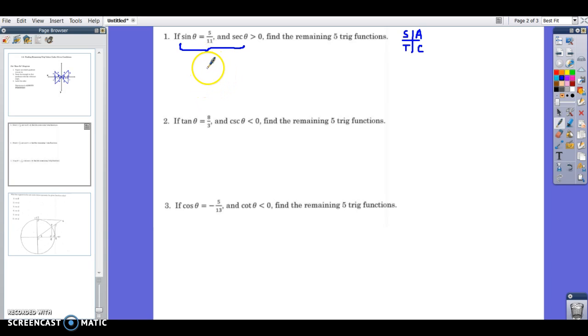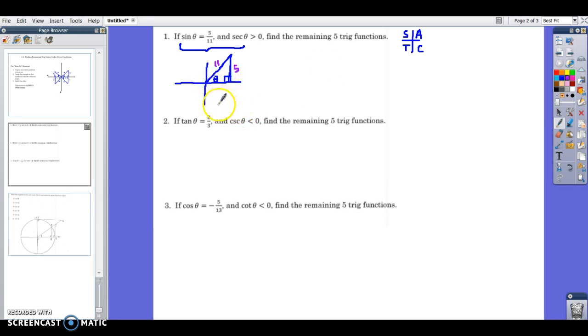So I'm going to draw my picture in quadrant 1. Pretend that's a right triangle there. Here is my theta. The sine of theta is 5/11, so opposite over hypotenuse is 5/11. In order to find my other 5 trig functions, cosine, tangent, cosecant, secant, and cotangent, I first need to find that remaining side.